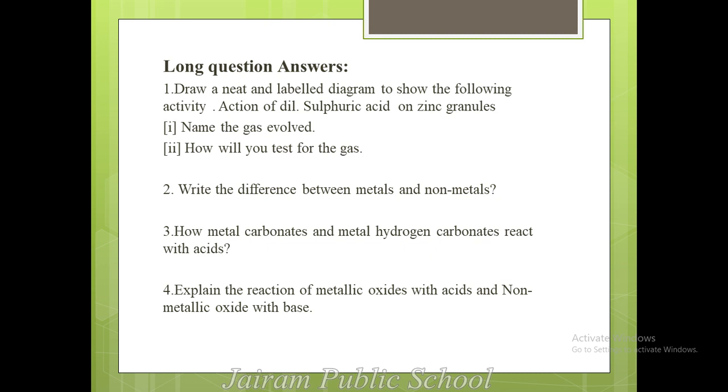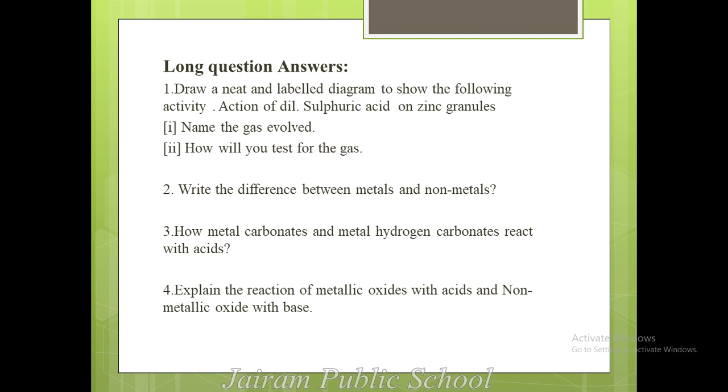And second one, how non-metallic oxides react with a base. This reaction you have already studied, carbon dioxide and calcium hydroxide, in the previous question itself, where metal carbonates react with acids, in that part you have studied, right? That equation you have to write here.